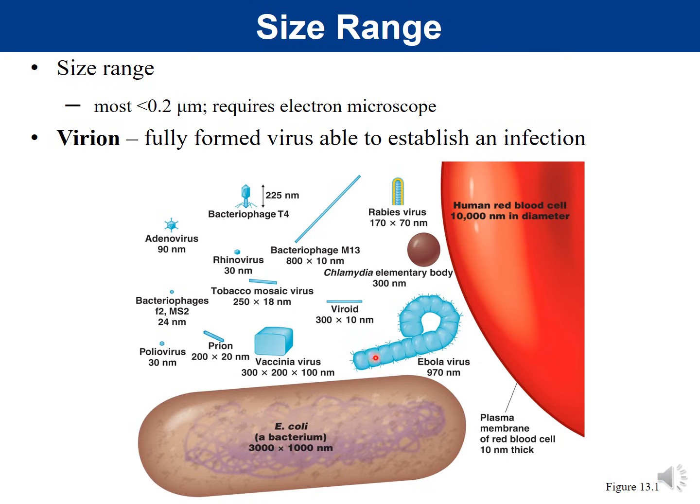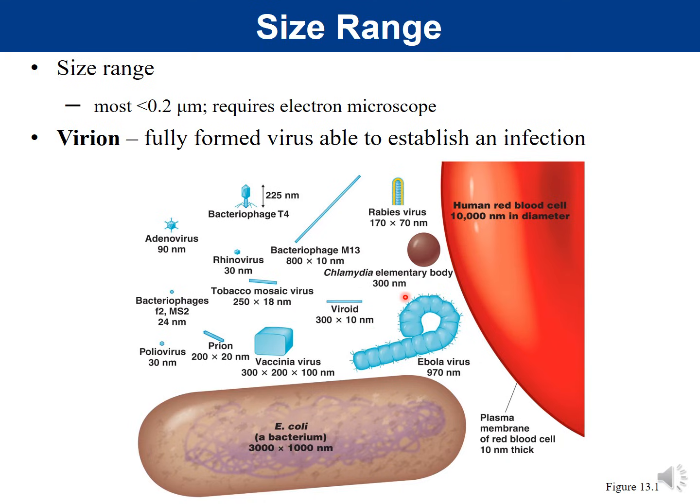So here's the Ebola virus, which causes hemorrhagic fever, which we'll talk about in a little bit. It's about 970 nanometers. If we look at a rhinovirus, rhino like the nose, rhinoviruses are about 30 nanometers. So notice that they're very, very small, yet they cause the common cold.